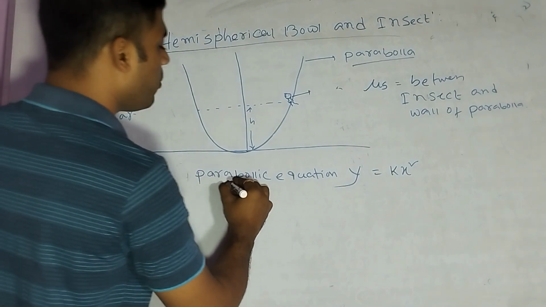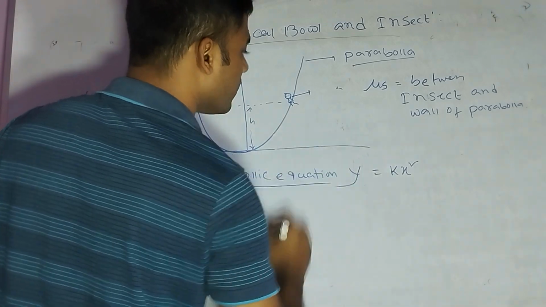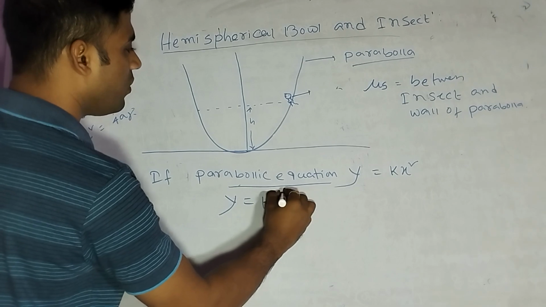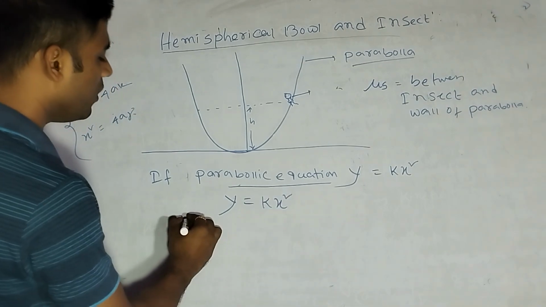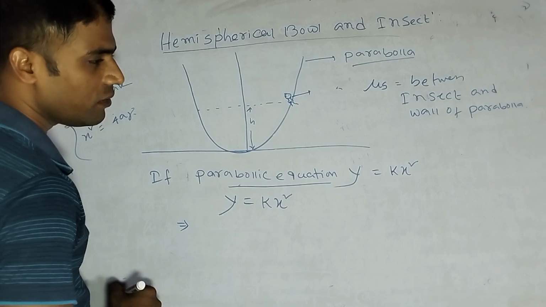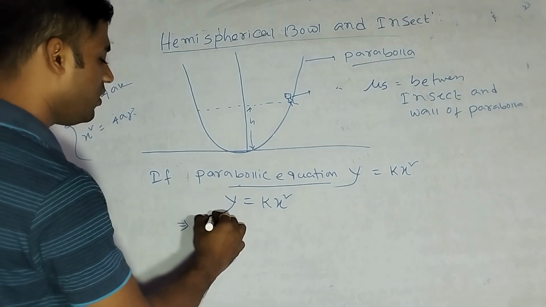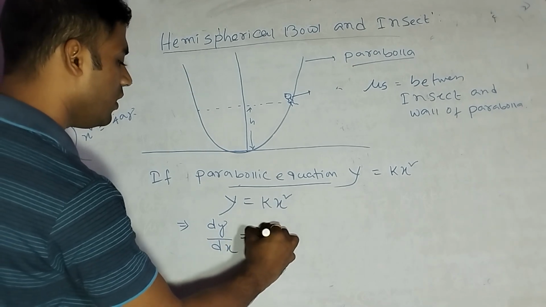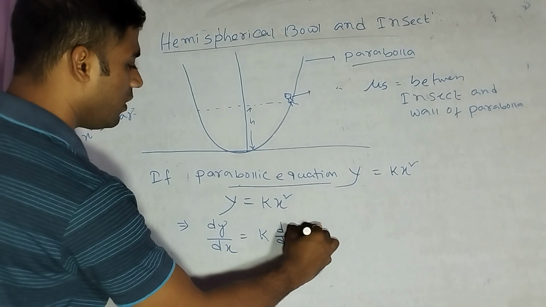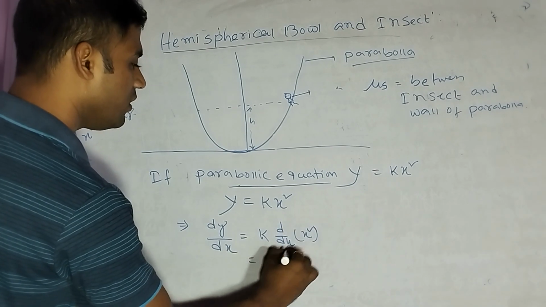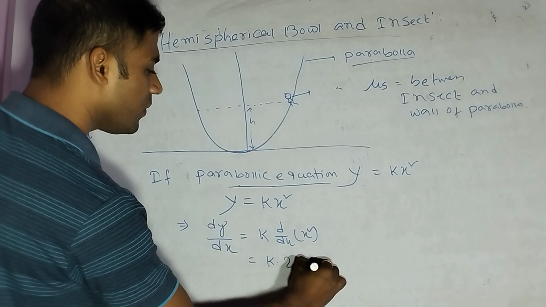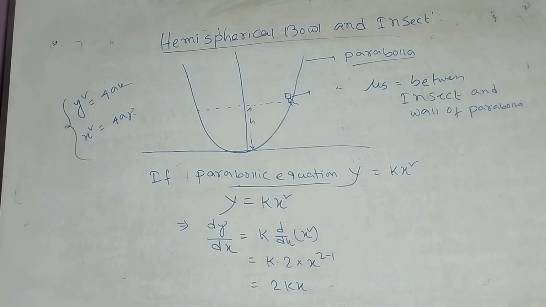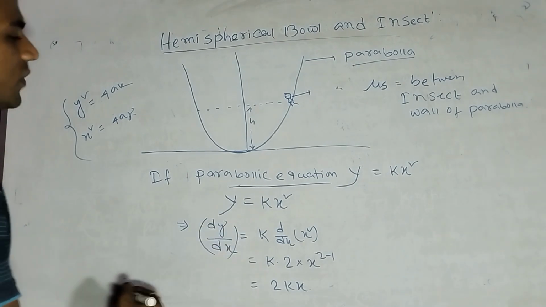The parabolic equation will be supplied: y is equal to kx square. The first step is to take the derivative with respect to x, that is dy by dx. k is a constant, and d by dx of x square by the formula, n times x to the power n minus 1, is 2x. So dy by dx is 2kx.